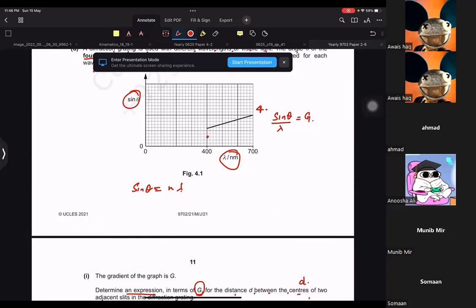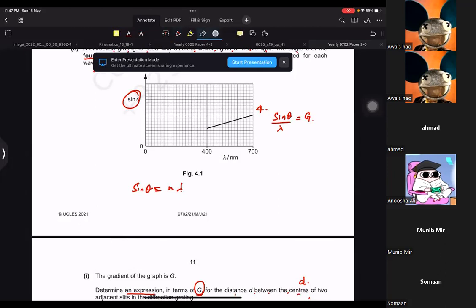I think it should be like a straight line like this. But the thing is, there has to be a reason why we have to make 400 and 700. You can start 400 from everywhere, but we need to see how much change it brings. So for that, let's try a trick here.